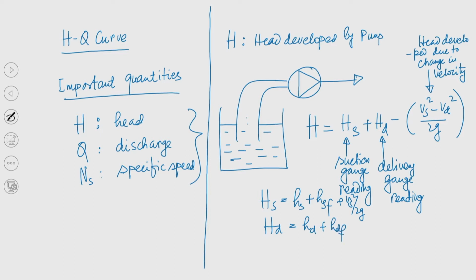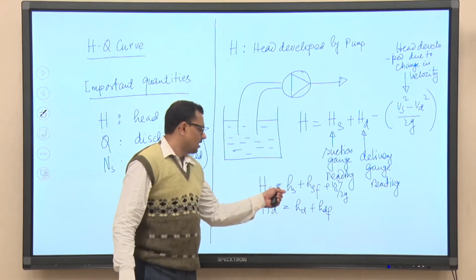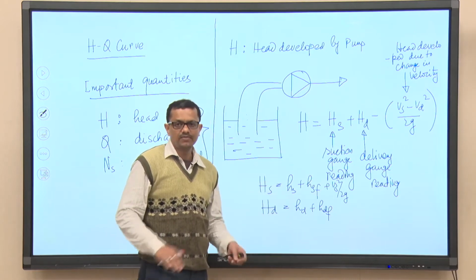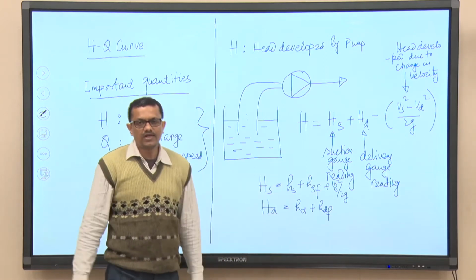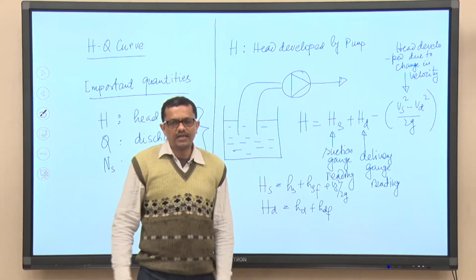Okay. So, this is what we have discussed in the last class. This Hs and Hd are the heights of the suction pipeline and delivery pipeline from the pump datum. What is the pump datum, the impeller axis, again I am telling.